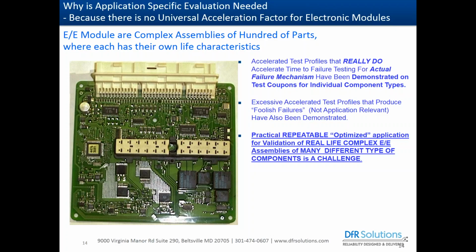And another thing you have to be worried about when you design a test is that you don't design an accelerated test that is so accelerated and overstressed that it winds up producing what we call foolish failures. Foolish failures are failures that would occur because we are over-testing, and they would be something that we would never see in the field.